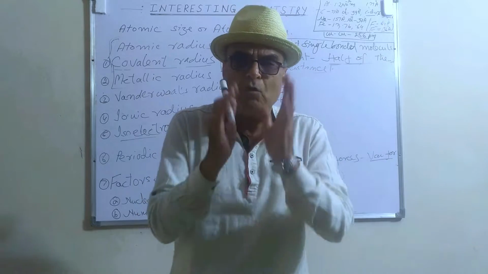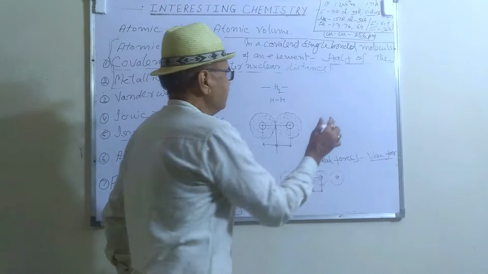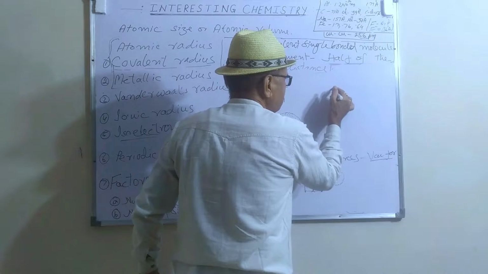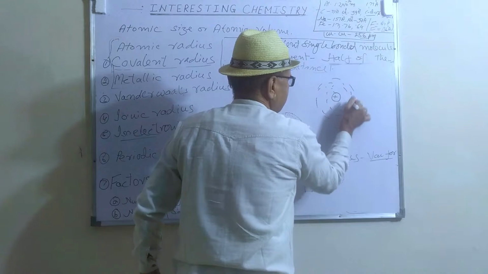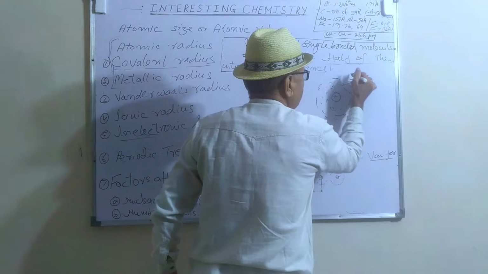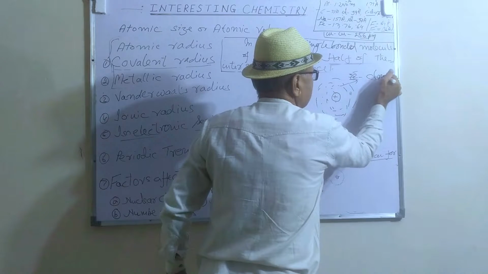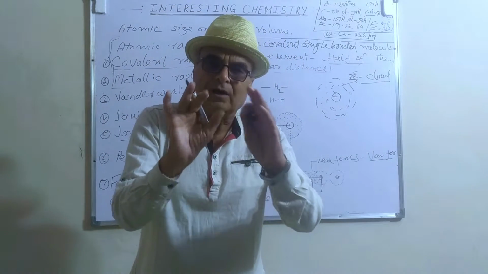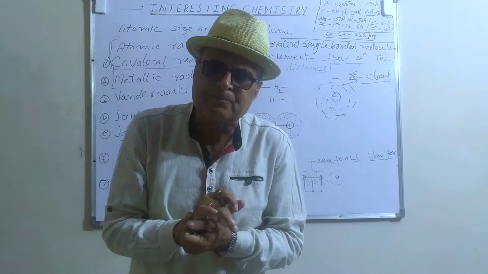Third one, the most important thing: in an atom, the electrons revolve around the nucleus, and these electrons are found in the form of an electron cloud.